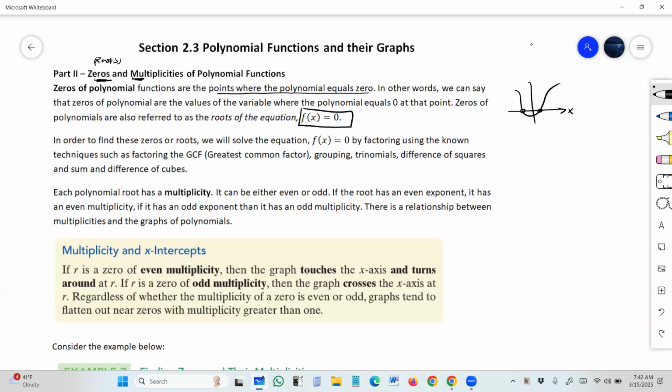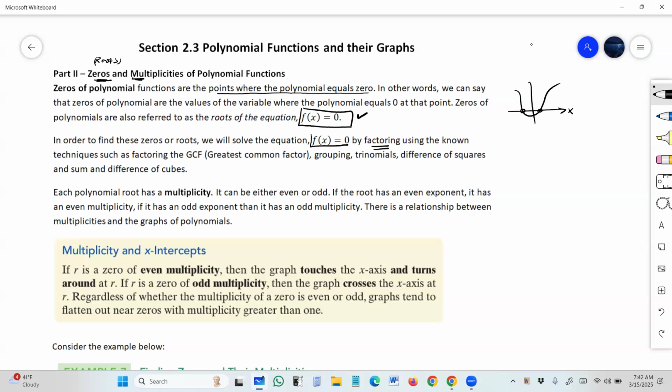Now, we have to find these values because we have to solve this equation as you see right here. To find these zeros or these roots, we'll set the polynomial to zero, and the technique that we're going to use to find the zeros or the roots is the factoring techniques that we're familiar with from Math 119, for example.